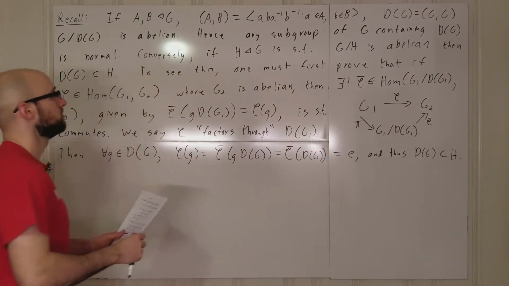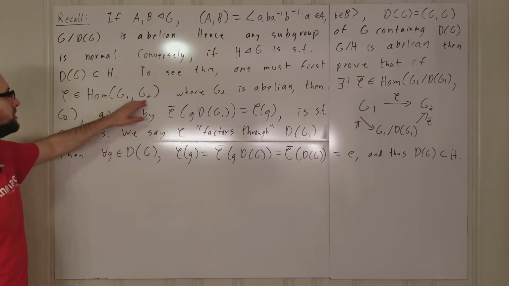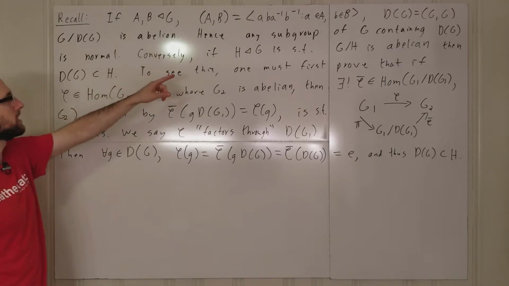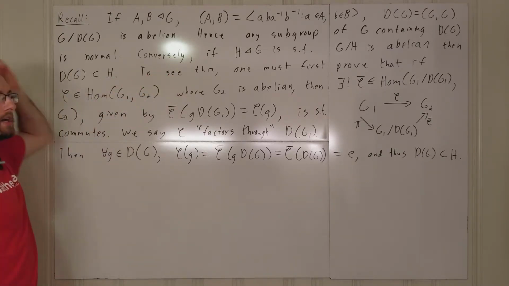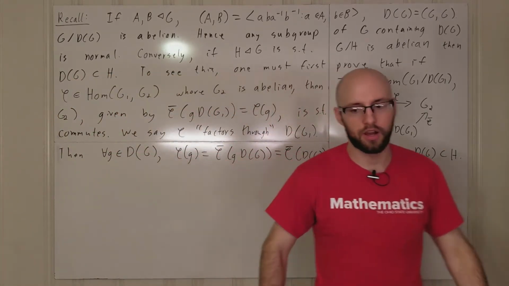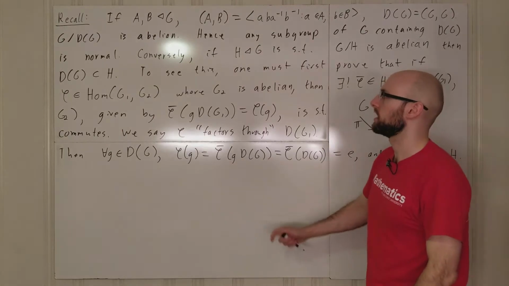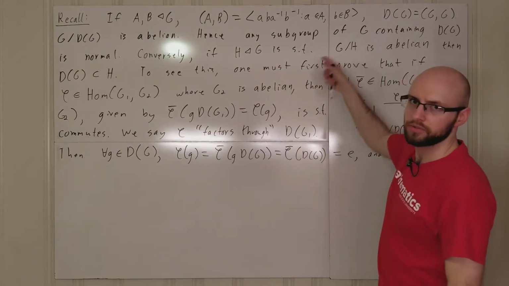Right, because you let phi here be the homomorphism from G1 to G2. You let G1 be the group G, and you let G2 be G mod H, and then phi is given by projection. You just take an element and project it onto the H coset.